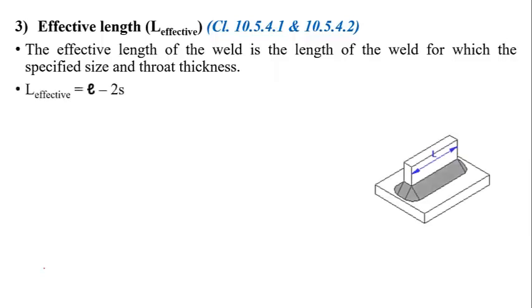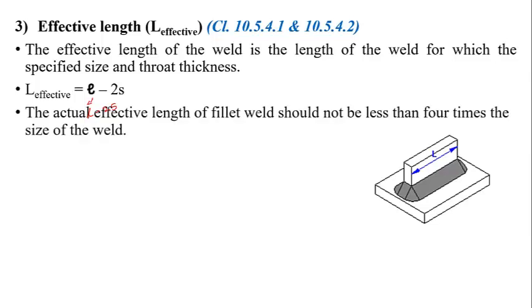Now, the effective length is generally calculated as L minus 2s, where s is the size of weld and small l is the length of weld provided.